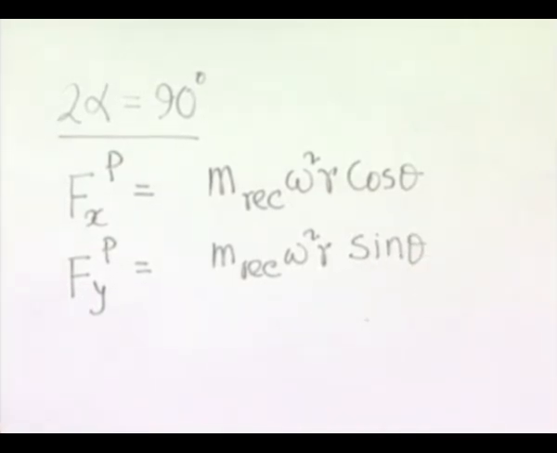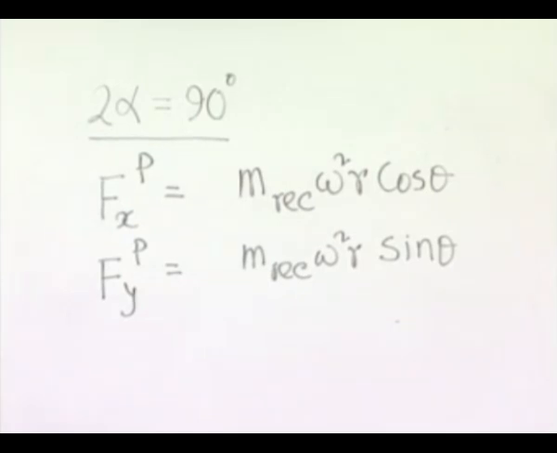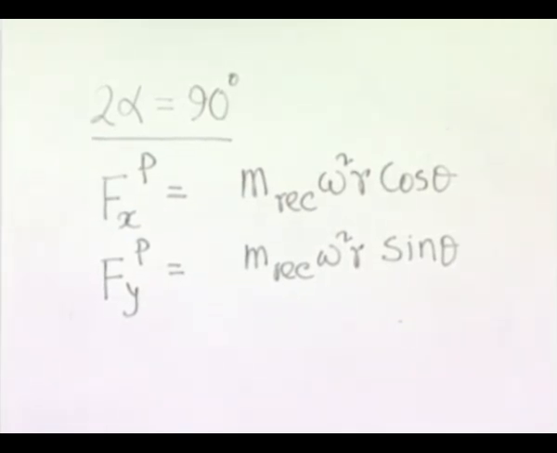So, it is very interesting to note that the resultant unbalanced force for a 90 degree V twin engine is nothing but a force which is rotating along with the crank.